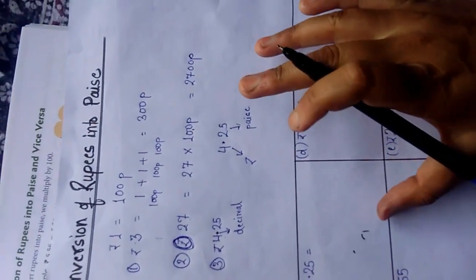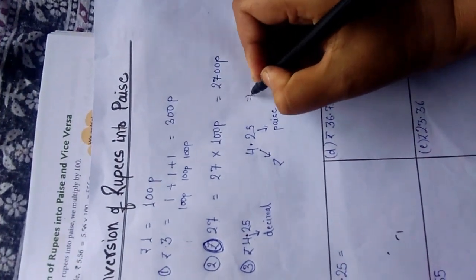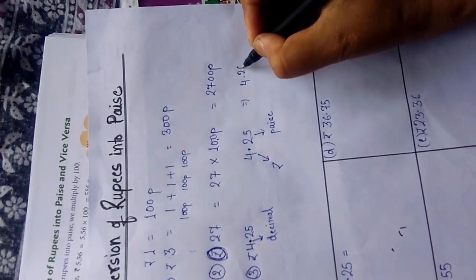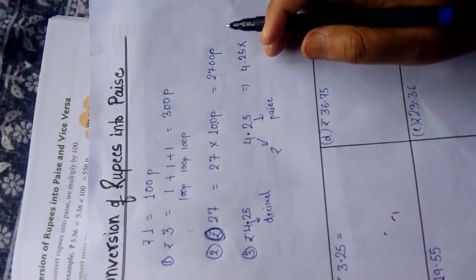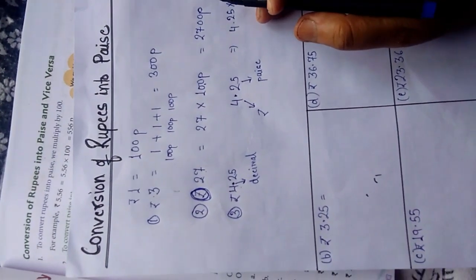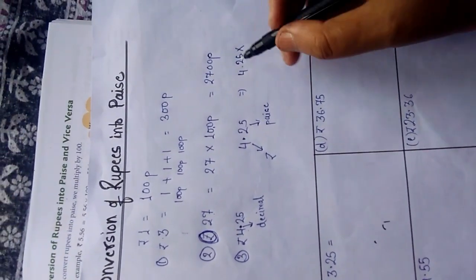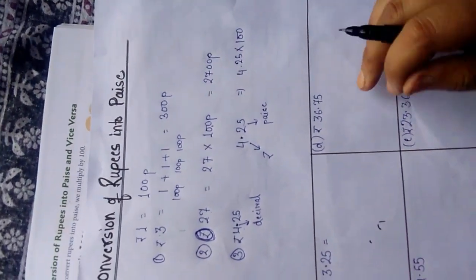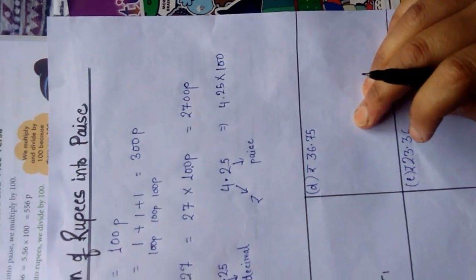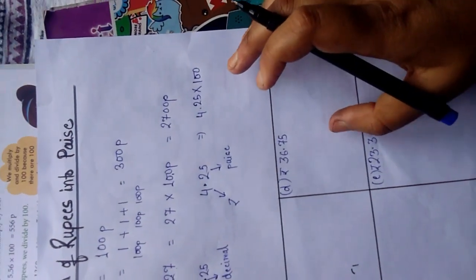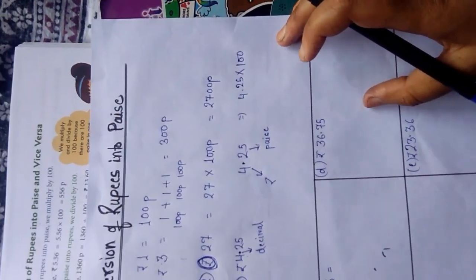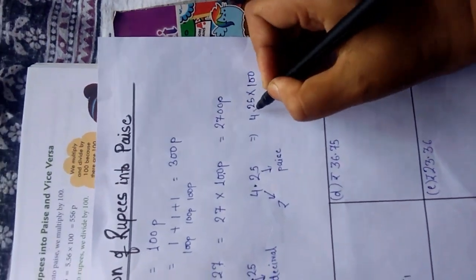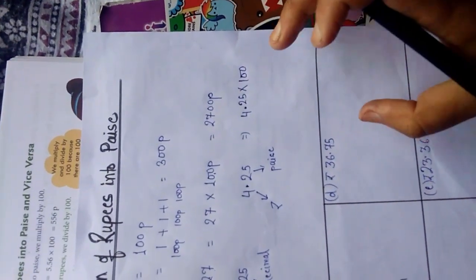Understand, students? Then how can we calculate it? We already read that when we convert rupees into paise, we should multiply by 100. We already read how we multiply a number by 100, but here there is a decimal.